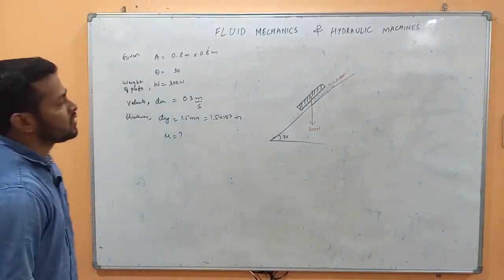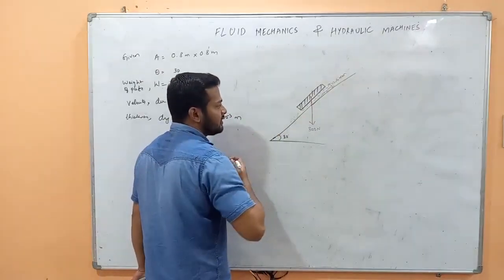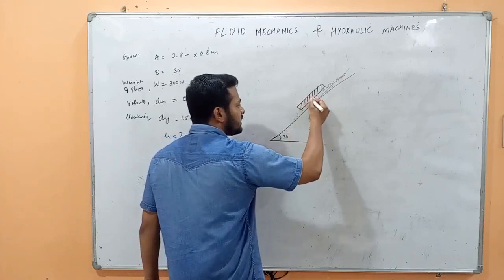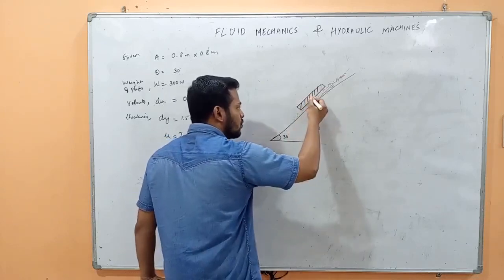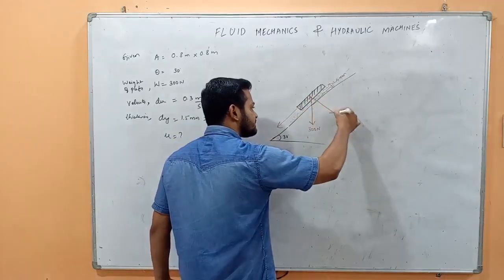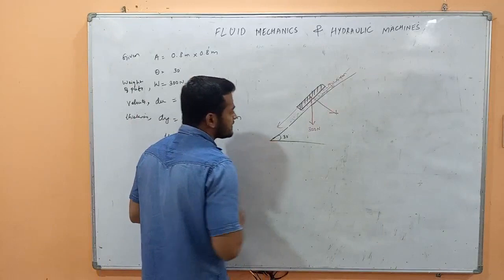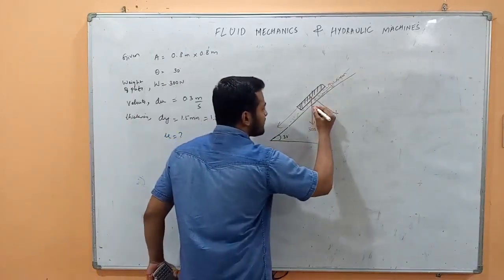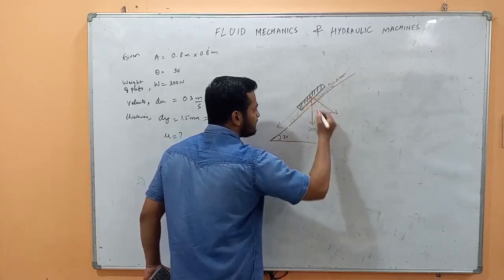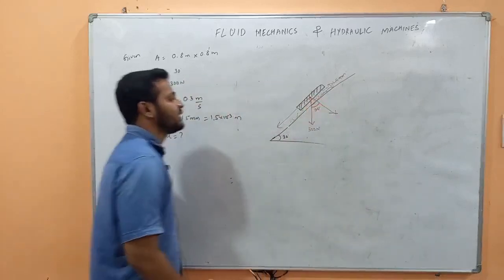Now since this is a problem on an inclined plane, I have to resolve this 300 Newton into two components. One will be in this direction and one will be in this direction. Since this inclined plane is at 30 degrees with horizontal, the perpendicular to the incline with vertical will also be 30 degrees, alternate angles.